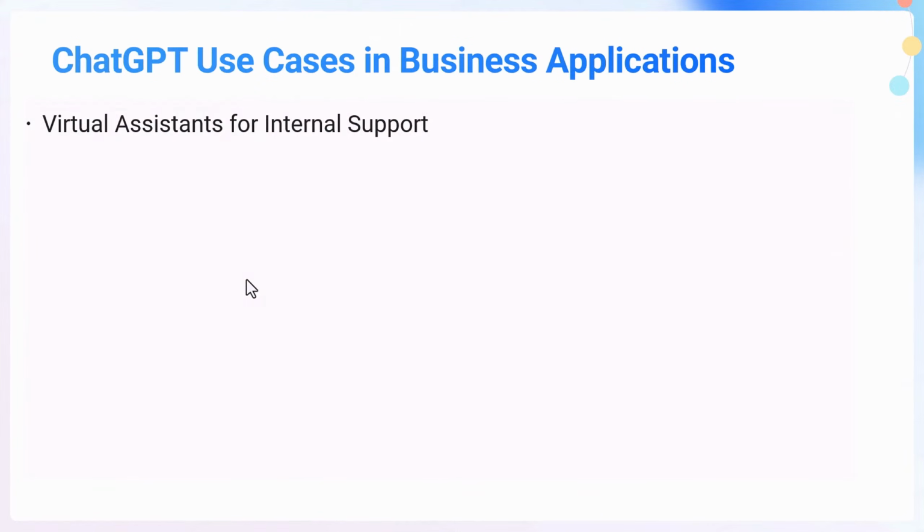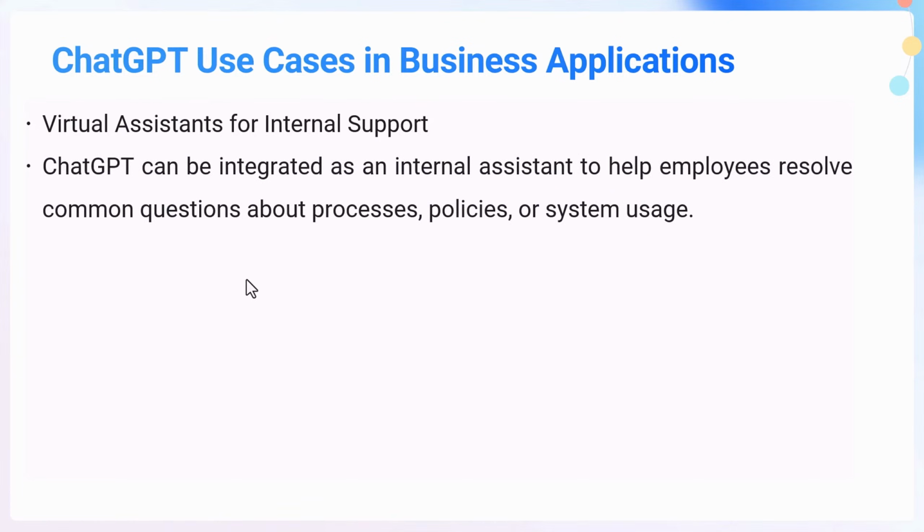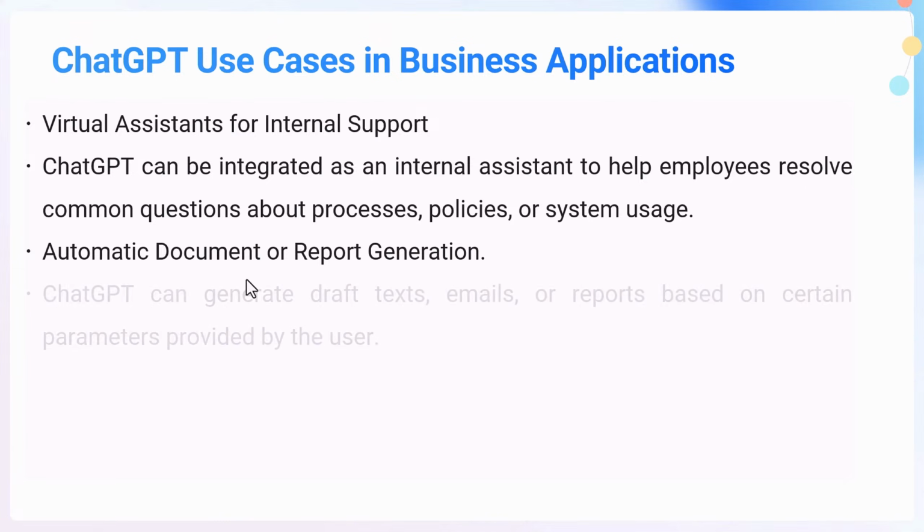Okay? So now let's take a look at how ChatGPT can be used in real business environments. Virtual assistants provide internal support by answering employee questions about procedures or systems. Document generation automatically creates reports, summaries, and emails based on user input.